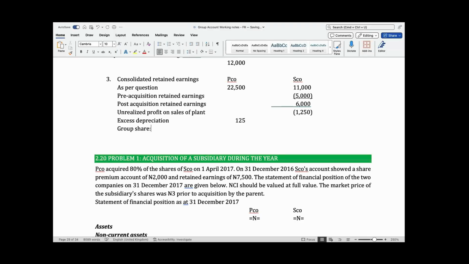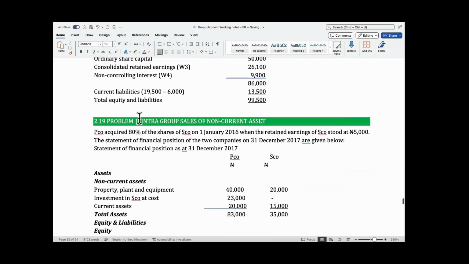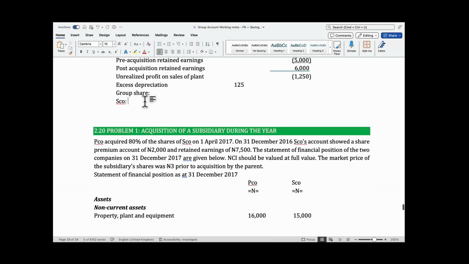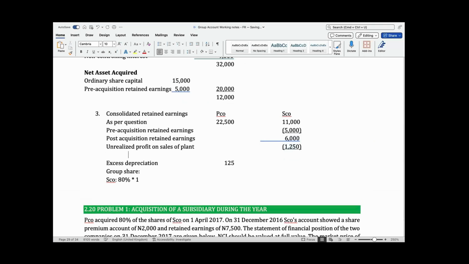So group share in ESCO. How many percent does the group have? 80%. That's 80% times how much? What's the balance here? What's 6,000 minus 150? 4,750.